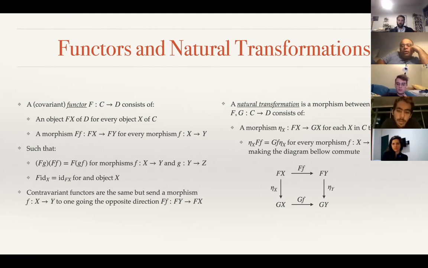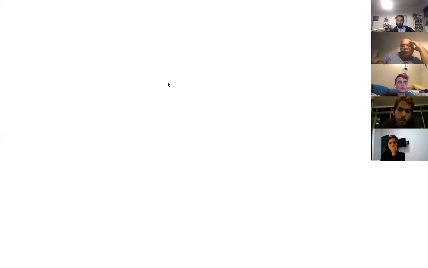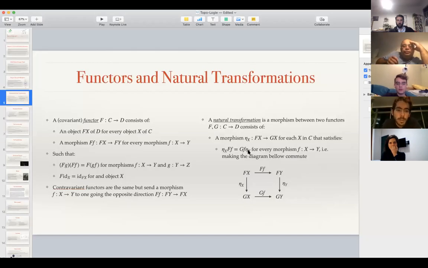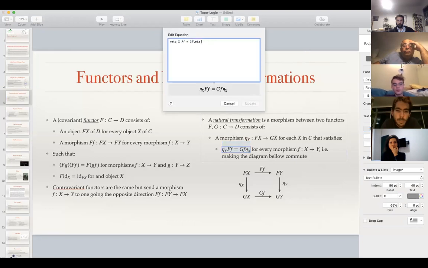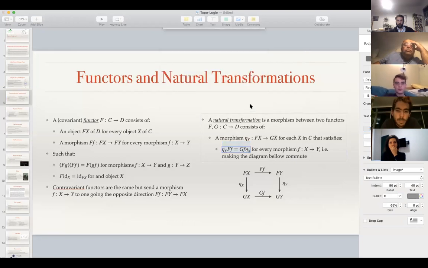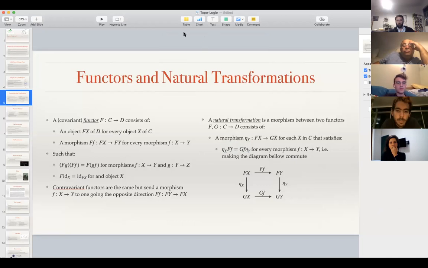I'm looking at the right side of the equation. Is the right side of the equation correct? Yeah, the right side is wrong. It should be eta y. I don't know if I can change it right now. But the diagram is correct. Okay. That's fine. Oh, actually, does it work? There, now it's right.